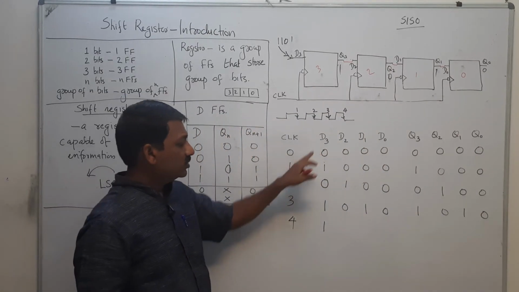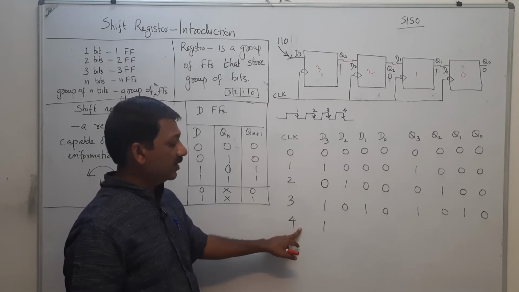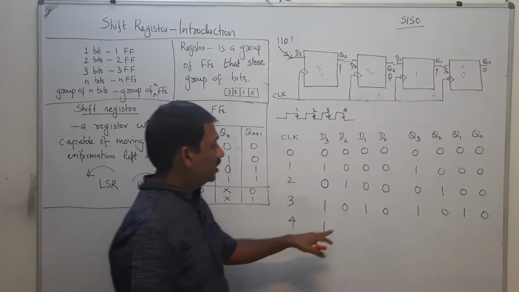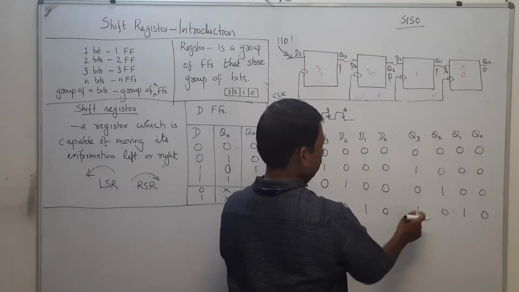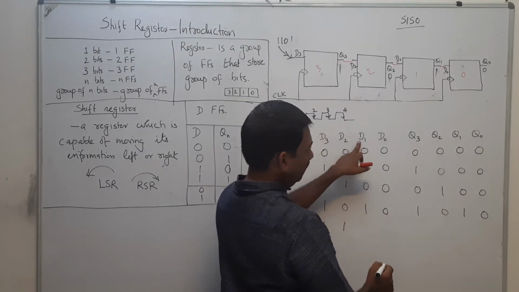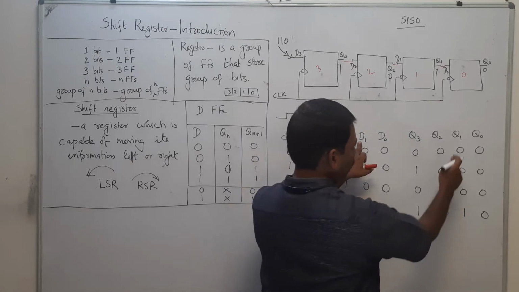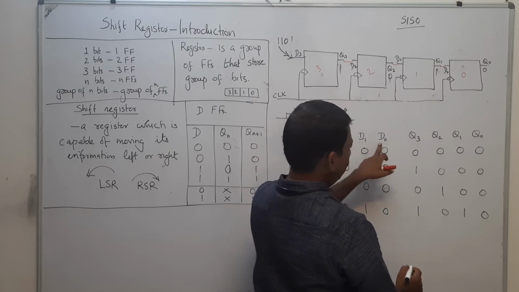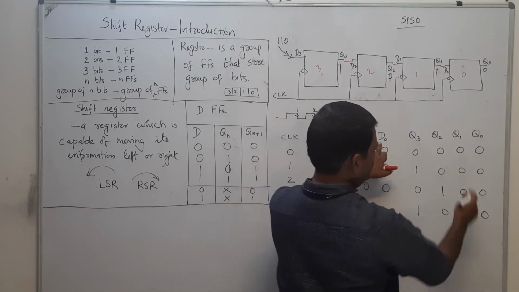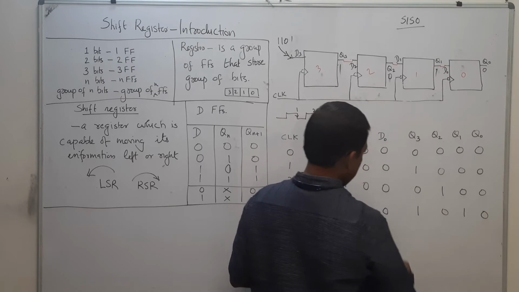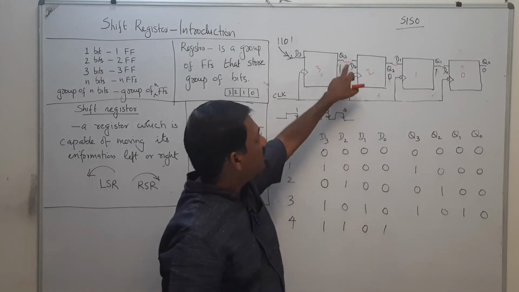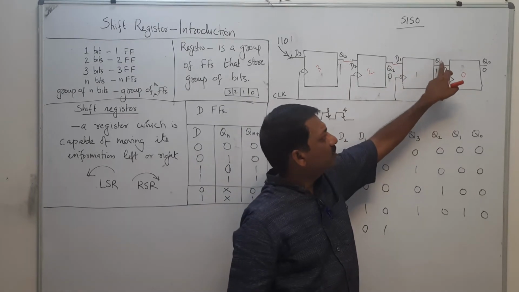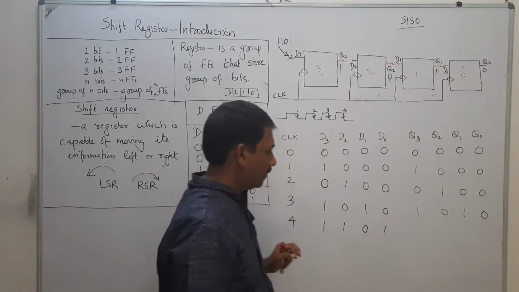Now see the values of D3, D2, D1 and D0. D3 is the next bit I am providing. D2 is Q3, which is 1. D1 is Q2, which is 0. And D0 is Q1, which is 1. So D2 is Q3, D1 is Q2, D0 is Q1, and the output is Q0.